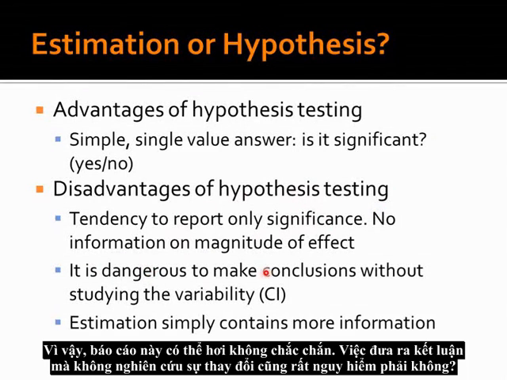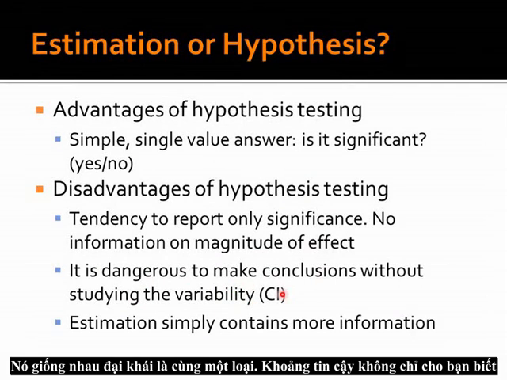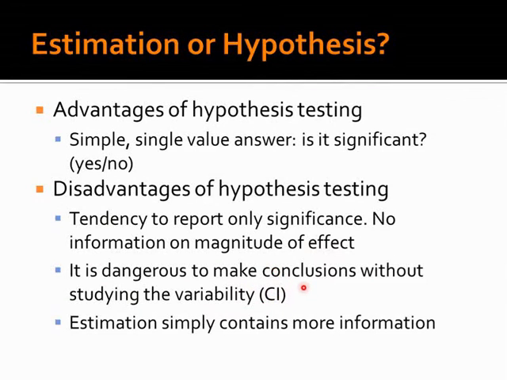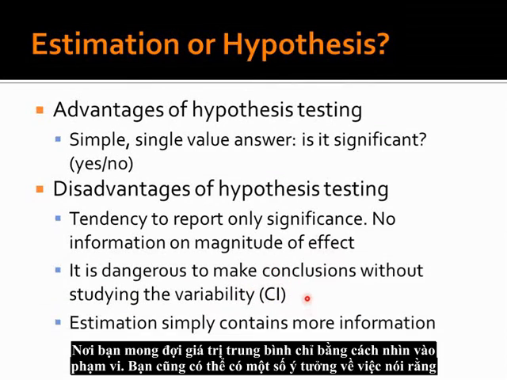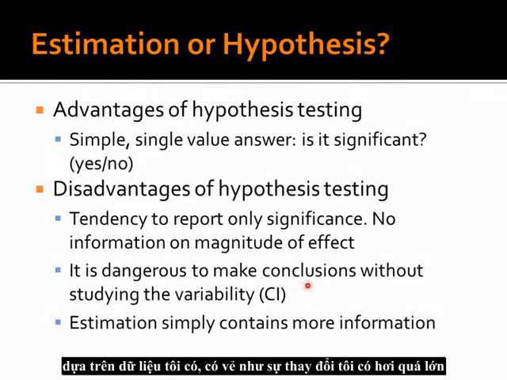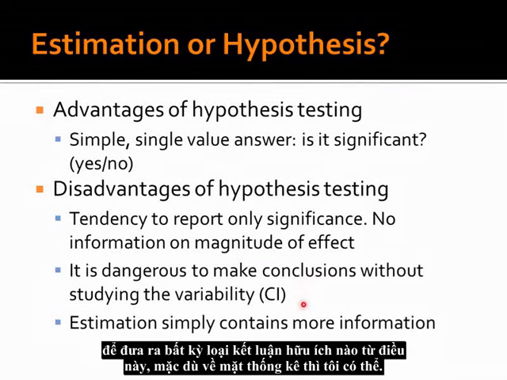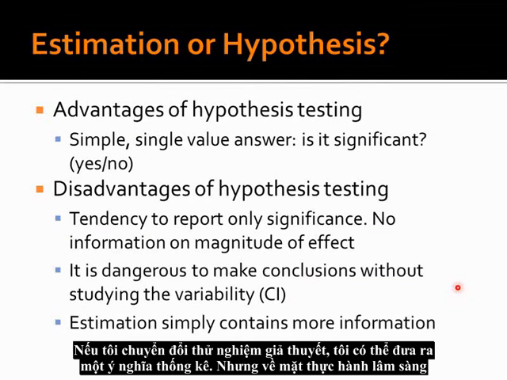It's also dangerous to make conclusions without studying the variability, right? The confidence interval doesn't just tell you where you expect the mean to be. Just by looking at the range, you can also get some idea, saying, based on the data I have, the variability is a little too large to make any useful conclusion from this. Even though statistically, if I convert to hypothesis testing, I might be able to give a statistically significant difference.